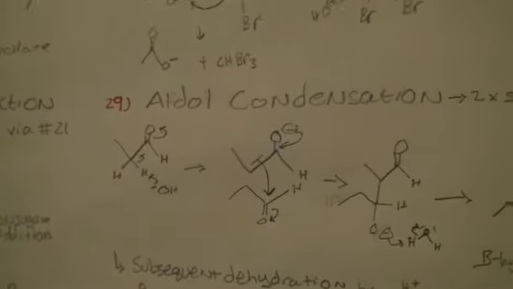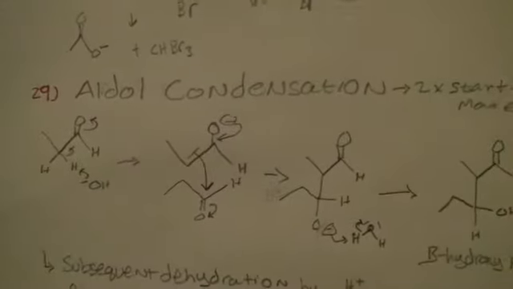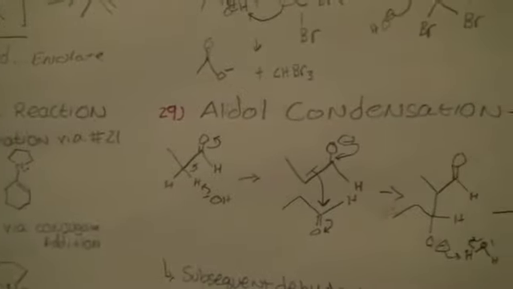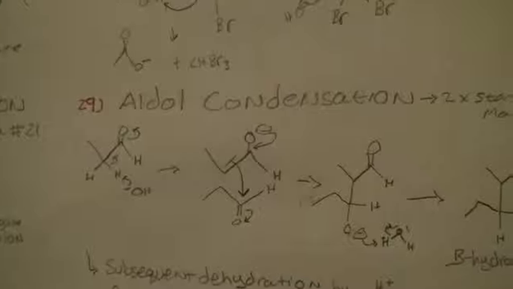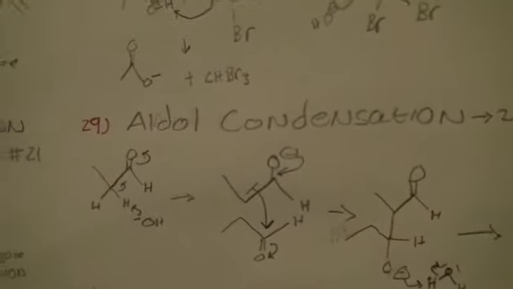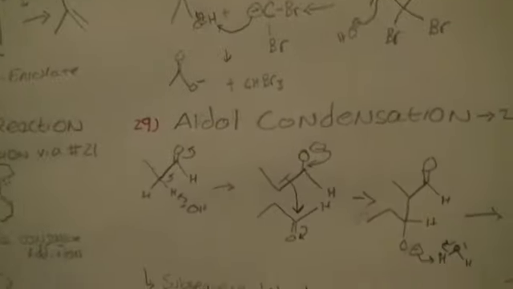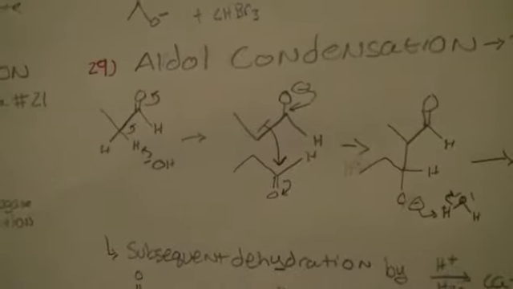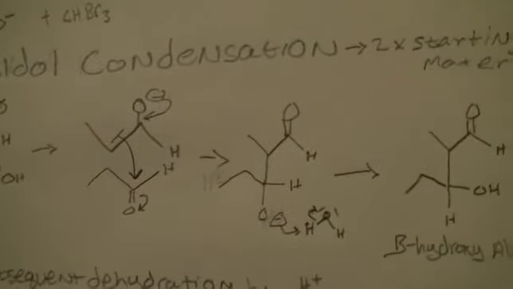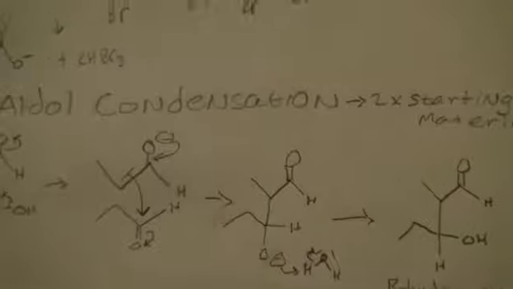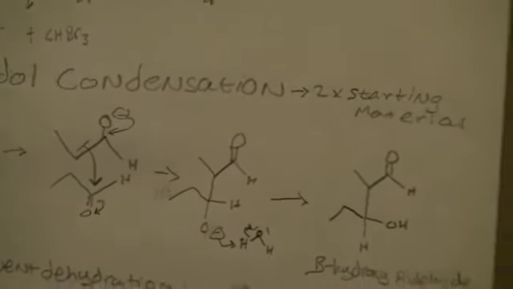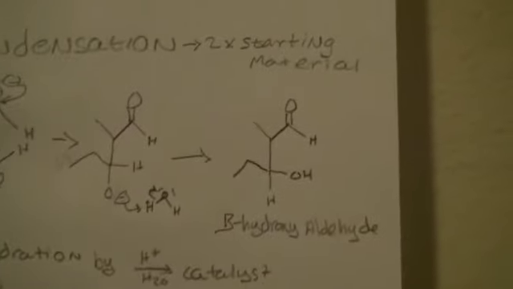I know, shocking. Then in the next step, line up another molecule of your starting material, sort of mirror image beneath it, and the enolate collapses and kicks that double bond into the only thing that could possibly act as an electrophile. Then it creates this molecule, which then protonates to give you an alcohol, or a beta hydroxyaldehyde, as they're called.